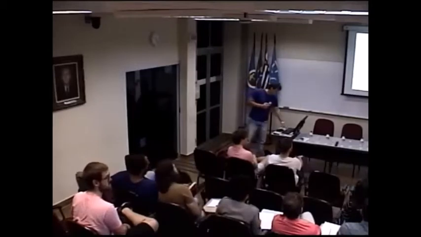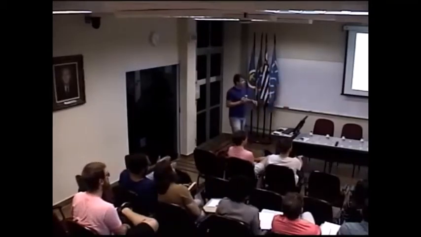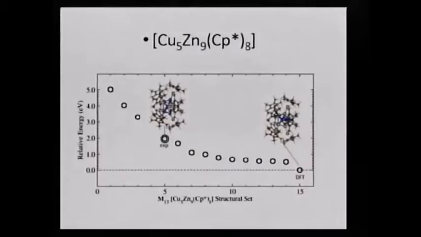And for the last one here, we have once again about 10 structures below in energy from the experimentally provided structure. In the same way, we can find a copper segregated region here in the center of the cluster.